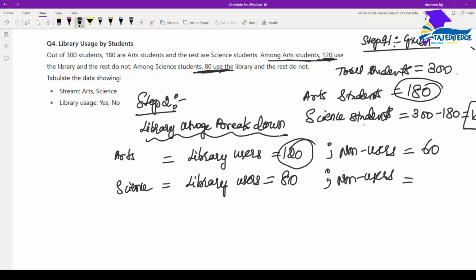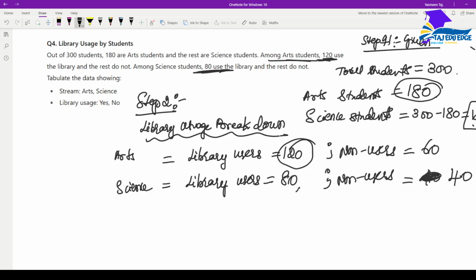Next, if science students are 120, out of that 80 students are using the library, how many students are not using the library? That is 40 students. Let me write it here, 40. So 120 minus 80, 40 science students are not using the library. So this much of data we have got now.